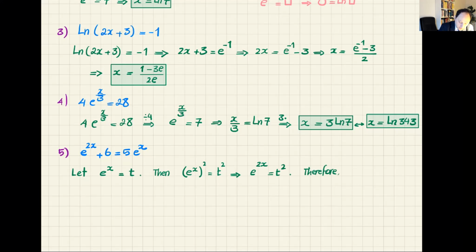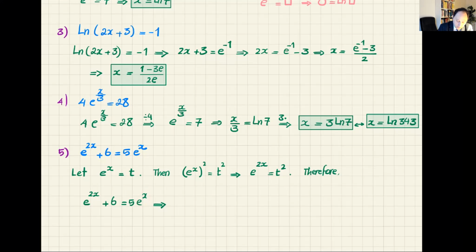Therefore, the equation that I have, e to power 2x plus 6 equals 5e to power x, becomes a new equation in a new form. Instead of e to power 2x, I can write t squared, and instead of e to power x, I can write t.